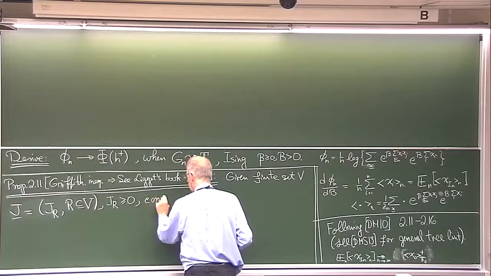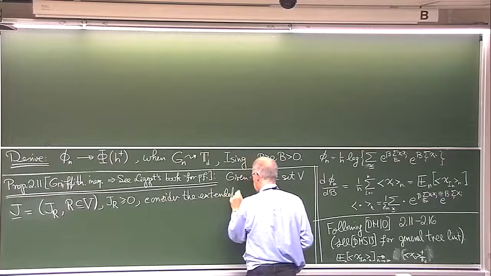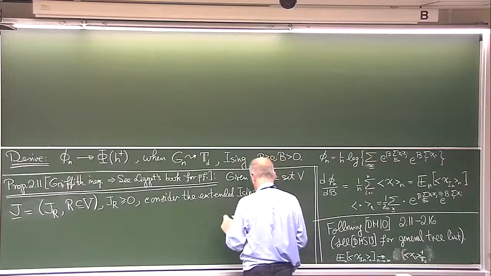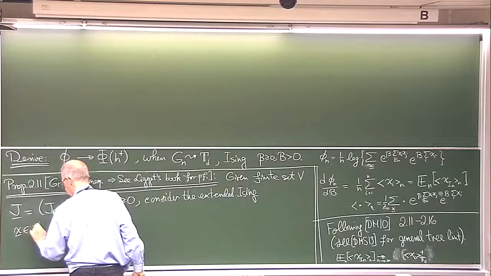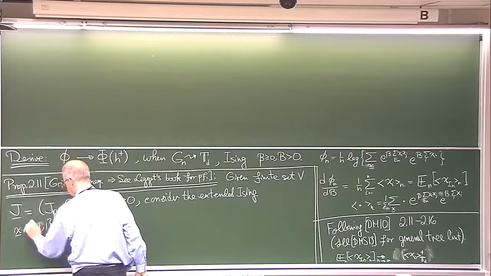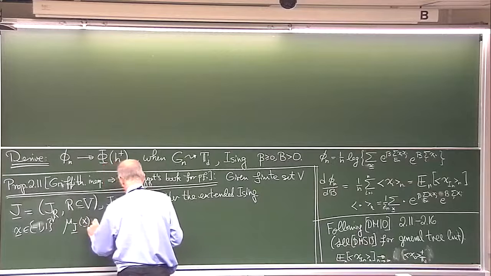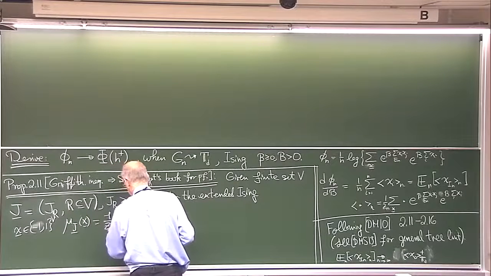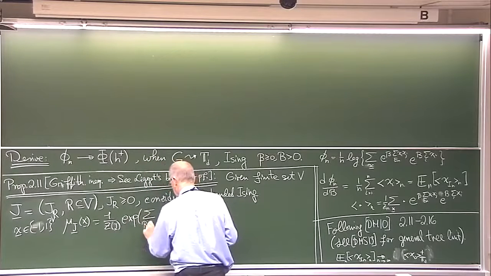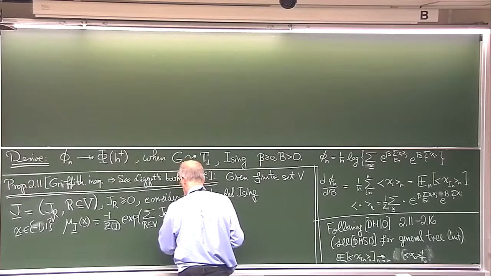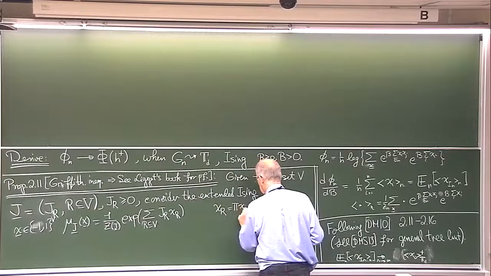And you consider the extended Ising model, which is given by: you take x, which belongs to minus 1, 1 to the V, and you have a measure mu which depends on your parameter J, with a partition function Z(J), and inside there is just the exponential of the sum over subsets R of V, J_R X_R, where X_R is the product of the x's in R.